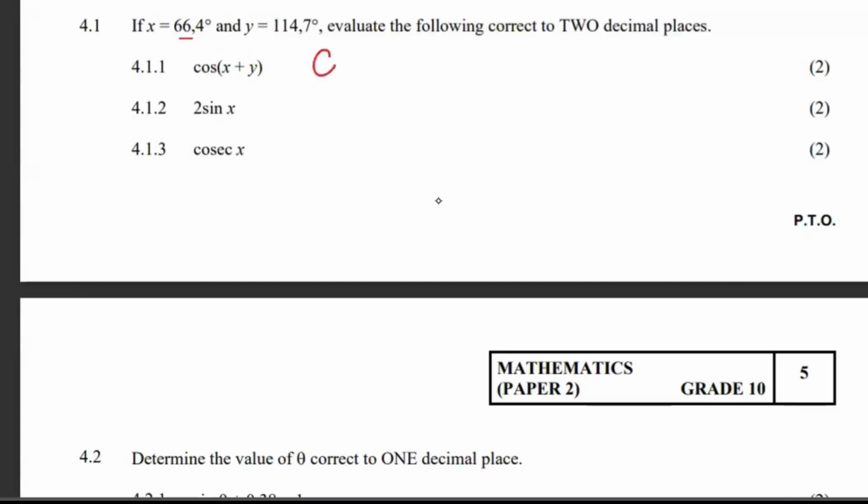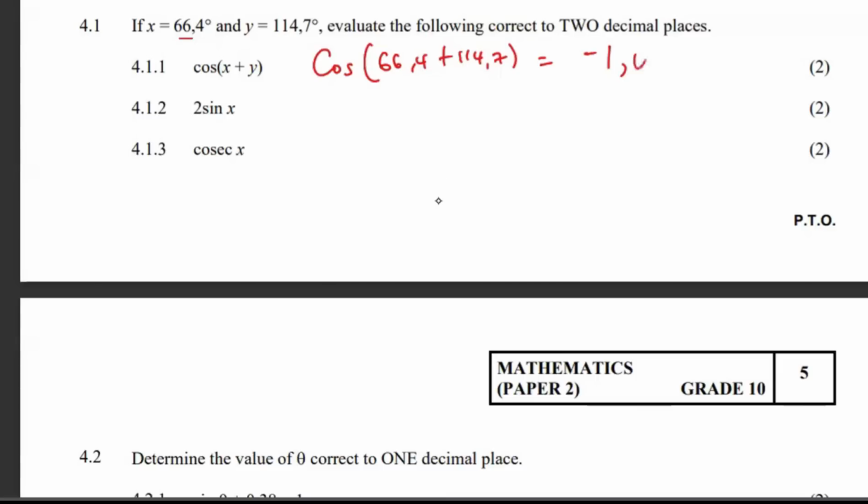So this is going to be the cos of 66,4 plus 114,7. Make sure your calculators are set in degrees. What is this giving us? It's giving me a very funny answer, which is -1, if I round off to 2 decimals.